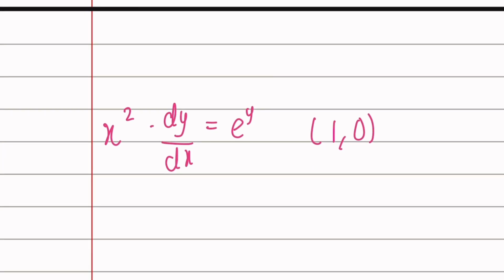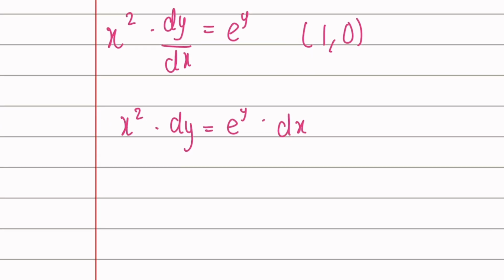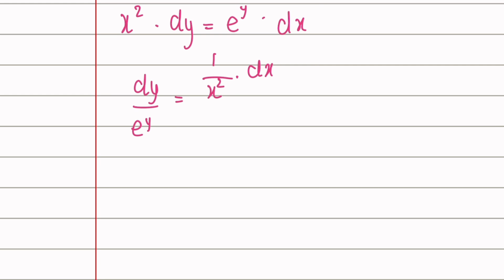So again, separate. x squared dy equals e to the power y dx, meaning dy divided by e to the power y equals 1 over x squared dx. Integrate either side, so you get the integral of 1 over e to the power y with respect to y.